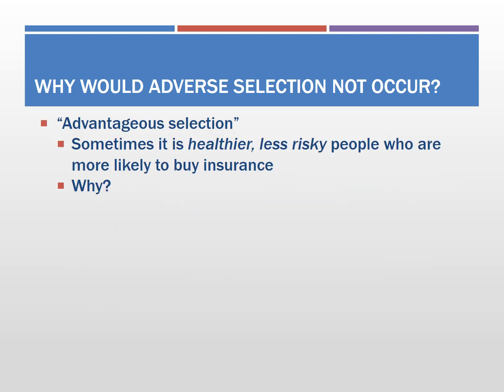Of course, when buying health insurance or any kind of insurance, risk is a major factor in deciding how much insurance an individual customer would like to buy. But sometimes risk is not the only factor.